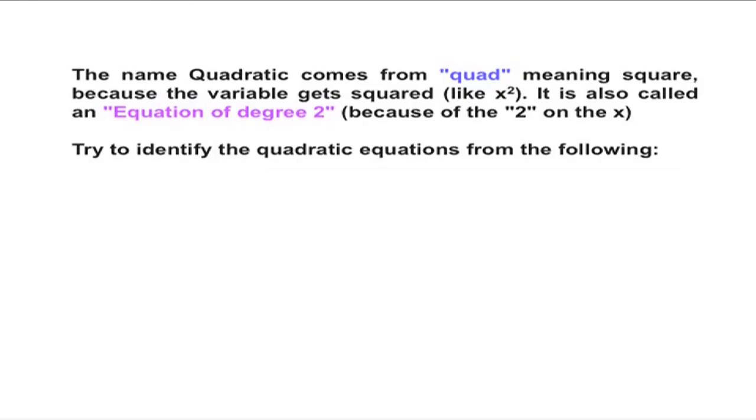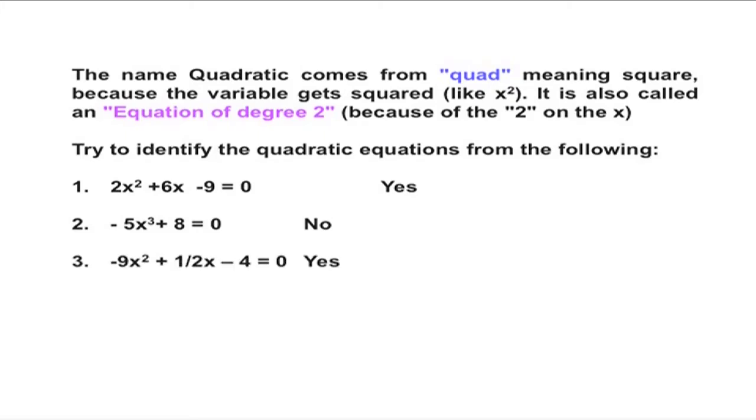Now you try to identify quadratic equations from the following equations. 2x square plus 6x minus 9 equal to 0 is a quadratic equation. The second equation, minus 5x cube plus 8 equal to 0, is not a quadratic equation because here the highest power of variable x is 3.